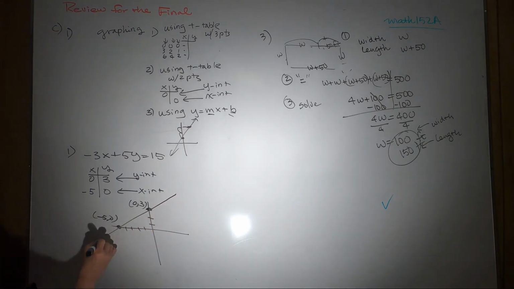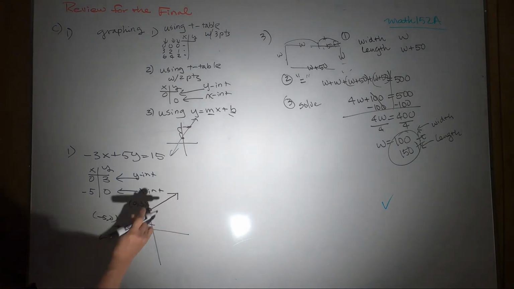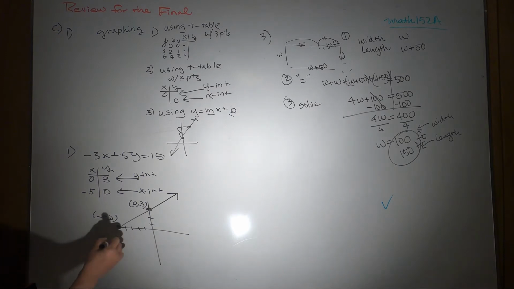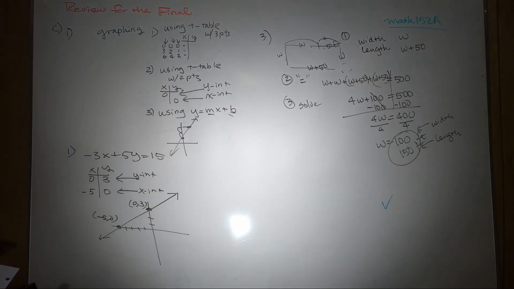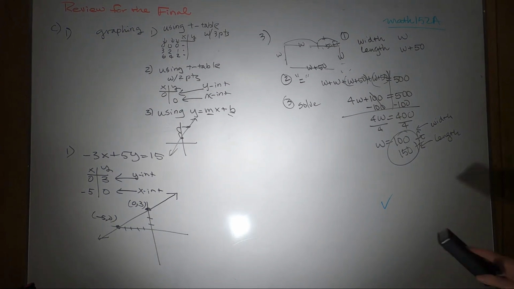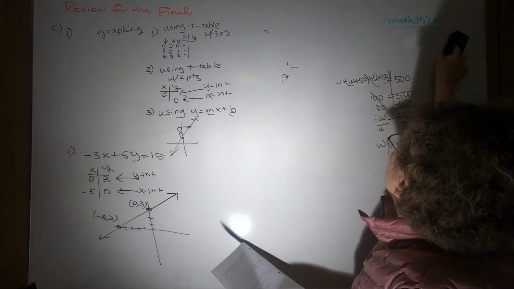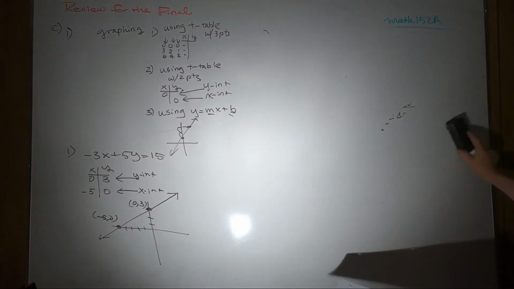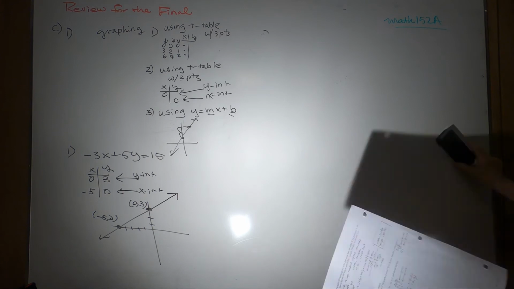So you connect the line, then put the 2 arrows on the ends to graph the line. So that's how we do it with the second method. Next one, we just plug in 3 points.